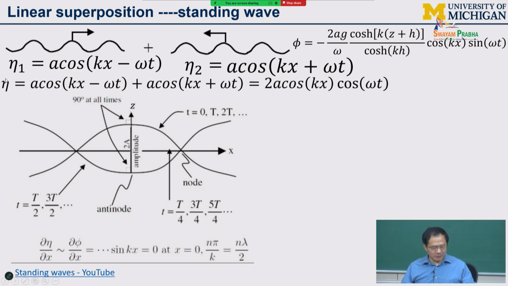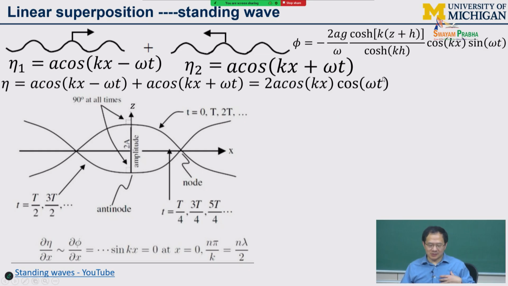The water wave amplitude, eta, is a function of cosine omega t times cosine kx. What this means is, for a fixed point x, the amplitude is just a cosine, moving up and down, right? And the amplitude at a fixed point depends on kx0, the exact location, right? So this amplitude is fixed, right?